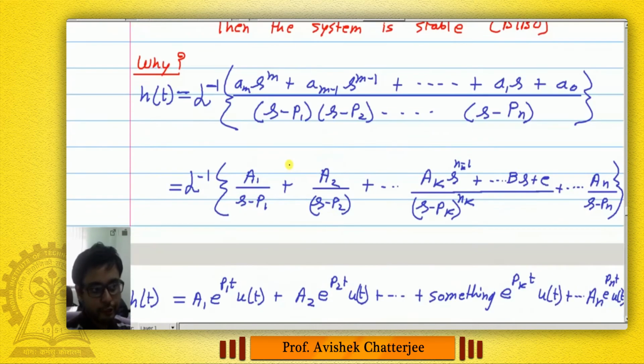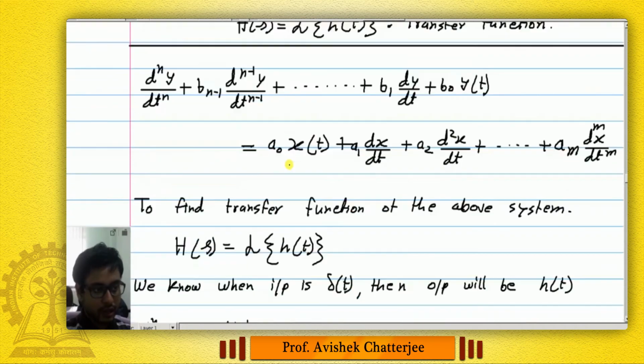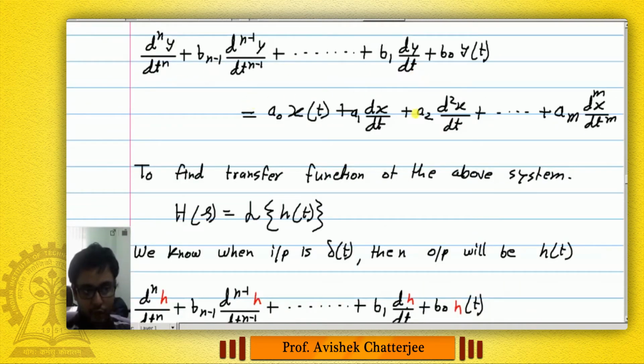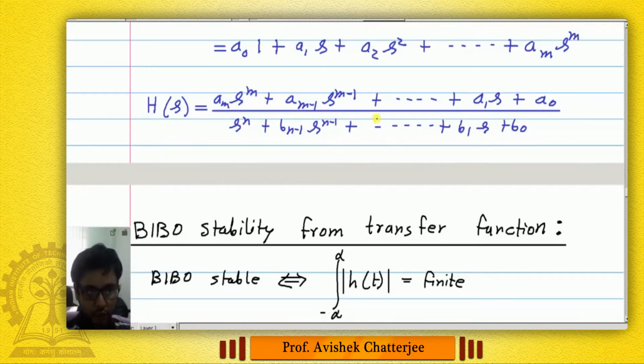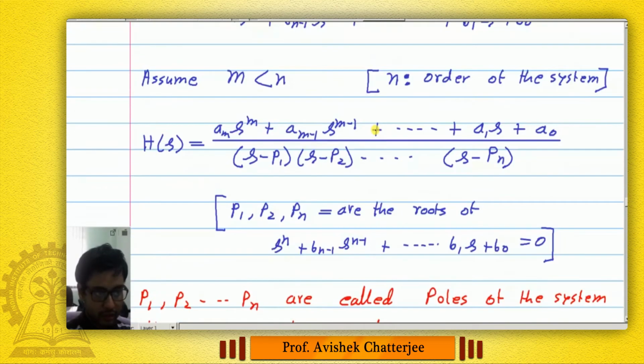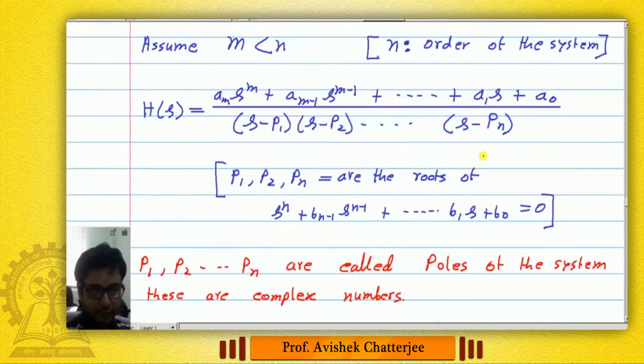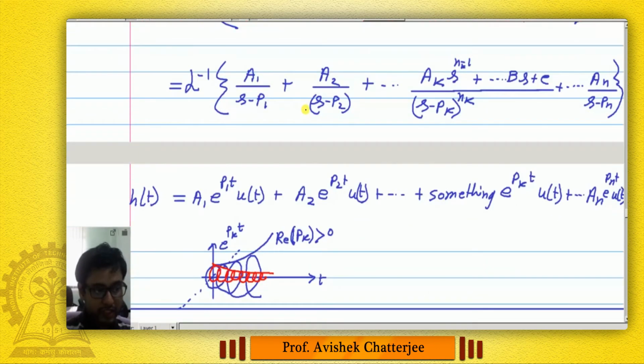For example, if we are considering a system which is described by a linear ODE with constant coefficients like this, for which the transfer function will look like this or like this, and if these poles, that is the roots of this denominator polynomial, are such that their real parts are negative, then we know the impulse response will be of this form, and since these real parts are negative, they will all decay down to 0 with time.